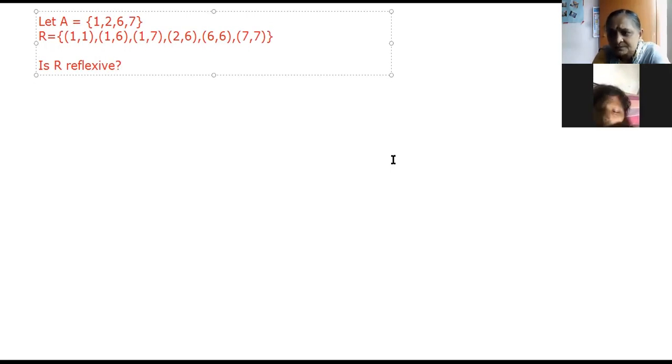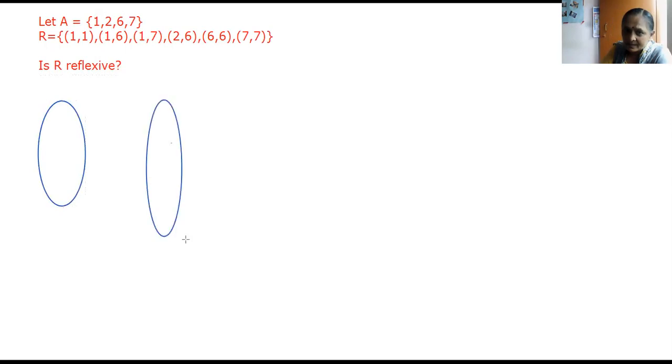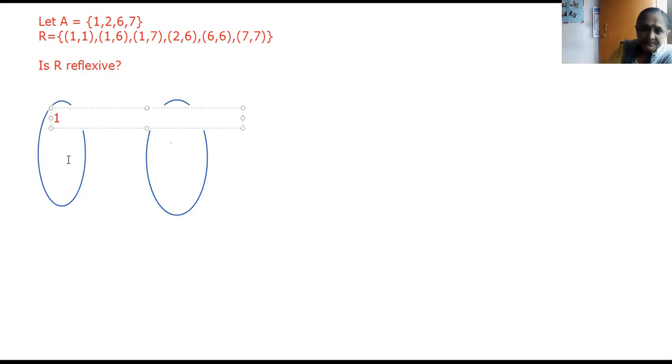Is it over? Is it reflexive? How is the relation? If you want to picturize, you can. What are the elements with you? 1, then it goes to 2, then it goes to 6, and the last one they have given is 7.